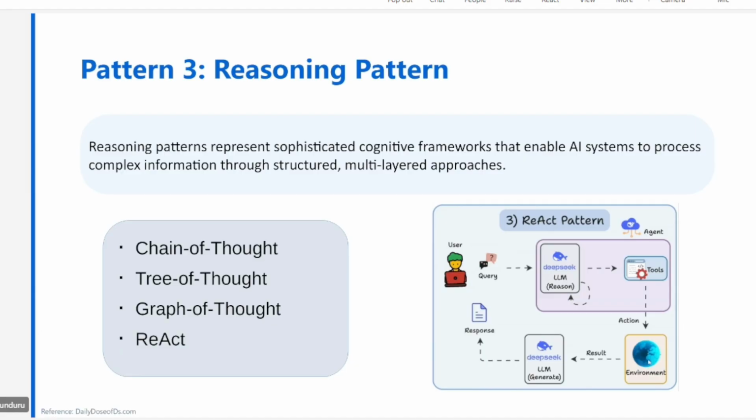Right now the environment is shown as web, and the result is given back to the LLM, which responds back. It is a straightforward single flow of reasoning pattern, but there could be very complex flows while responding to complex prompts by the agents.